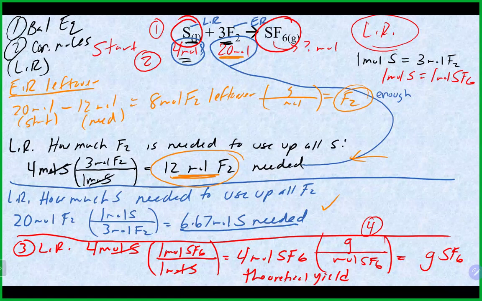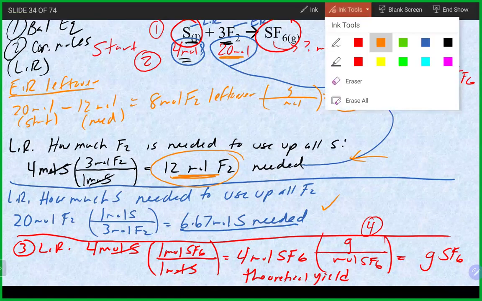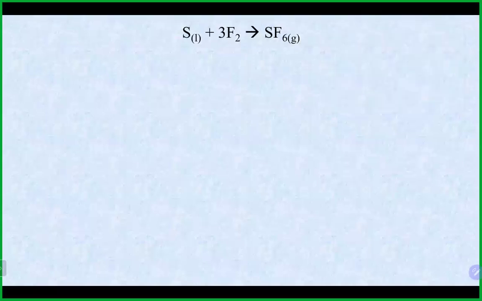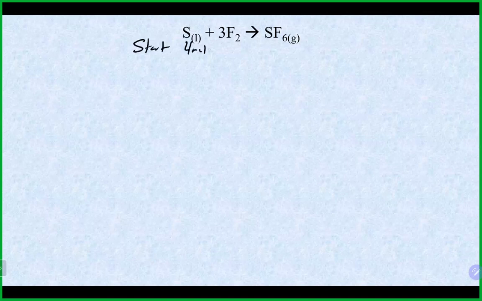All right, so what is the alternative method that's really popular these days? The alternative method that's really popular to solve limiting reagent problems is essentially, I think we had to start with here, 4 moles and 20 moles, right? So the alternative method is to simply do 2 calculations.